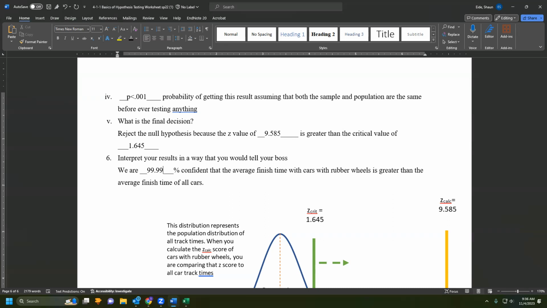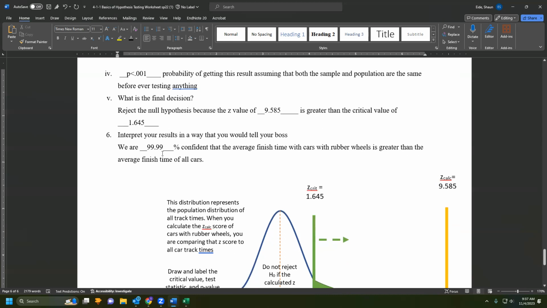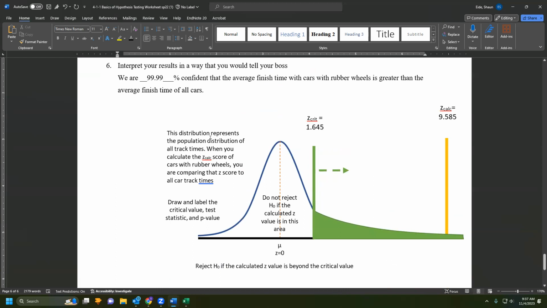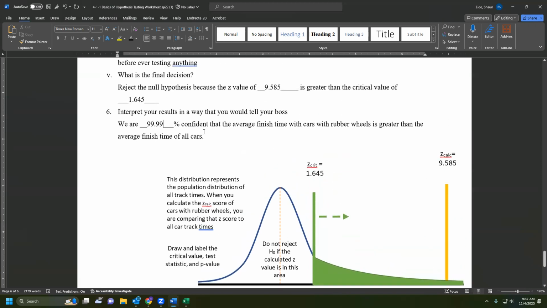So it's really good to just put p is less than 0.001, and then we are 99.9 or 99.99% confident. And I wouldn't go any bit further than that. And so the distribution right here shows you that this is definitely in the region of rejection. So we should reject the null hypothesis and say, hey, we are 99.9% confident that the average finish time of cars with rubber wheels is greater than the average finish time of all cars. And that's how we do that first worksheet.